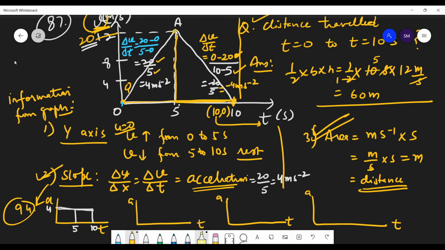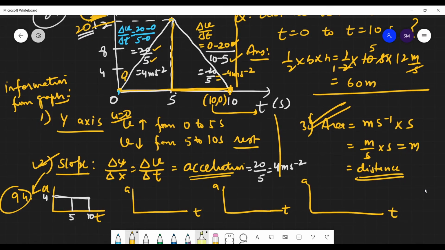So you will get the slope positive when both the quantities are increasing, and you will get the slope negative if one quantity is increasing but the other is decreasing. Got it? So in the second graph, you have this kind of graph which is given in your book, with -4 acceleration.